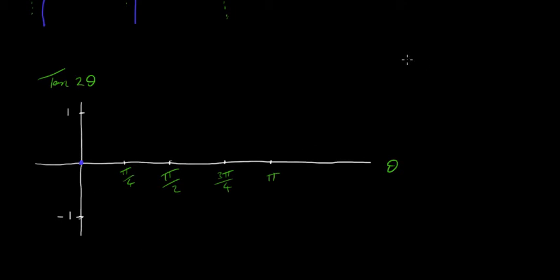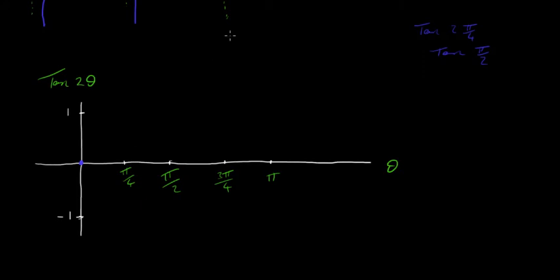Let's take pi over 4. So I want, first of all, the tan of twice pi over 4. So that's just the tan of pi over 2. The tan of pi over 2 is undefined. So here what's going to happen is we're going to have an asymptote.